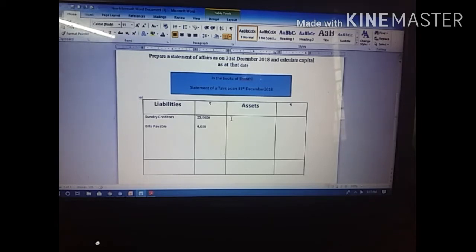Cash. They are given cash amount 4,000. So I have to write the 4,000. Then they are given debtors 70,000.